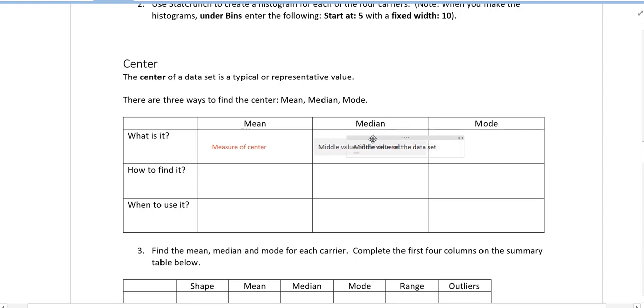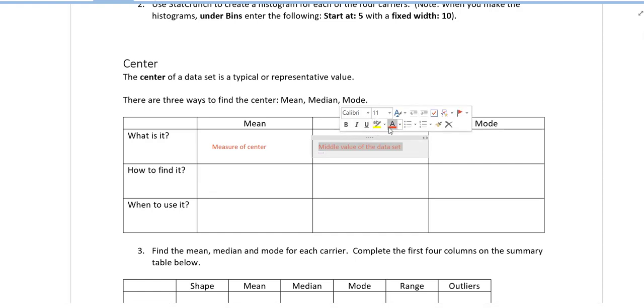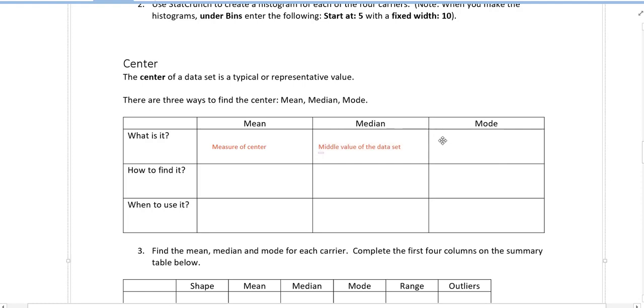And so in order to find it, we'll fill that in as we go through. The mode is the value that appears most often. The value that appears the most. And how do we find it? For the mean, you add up all the data values and divide by the total.